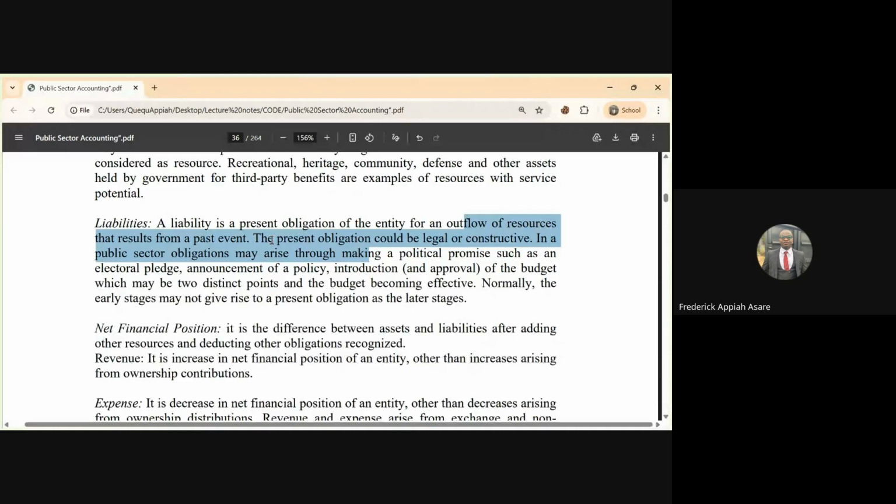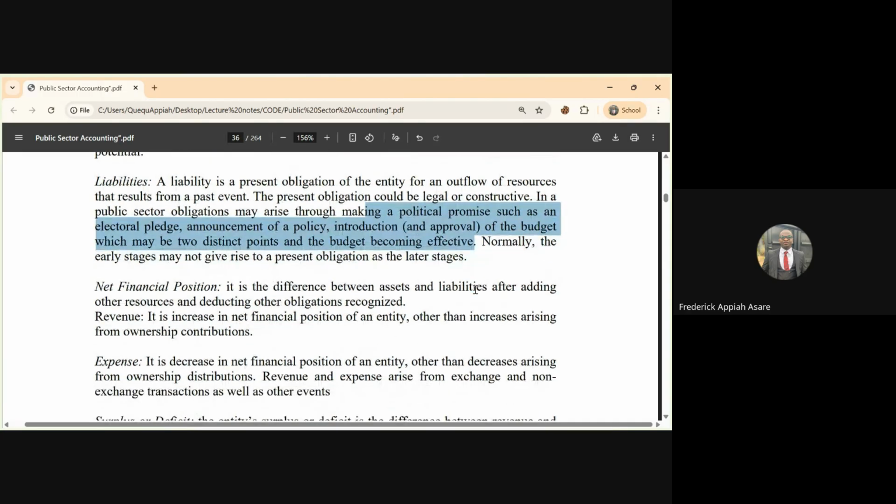So what you are owing them, the present obligation could be legal or constructive. In the public sector, obligation may arise through making political promises such as an electoral pledge, announcement of policy, introduction of budgets, which may be two distinct points before the budget becomes effective. Normally, the early stages may not give rise to the present obligation as the later stages do. So these are what liabilities are.